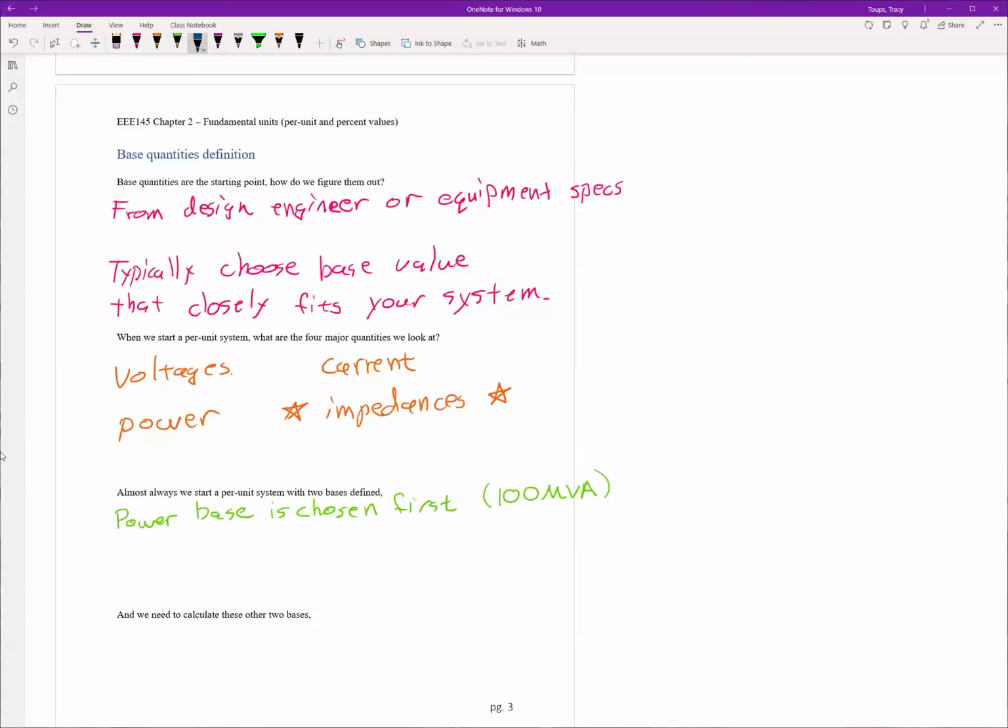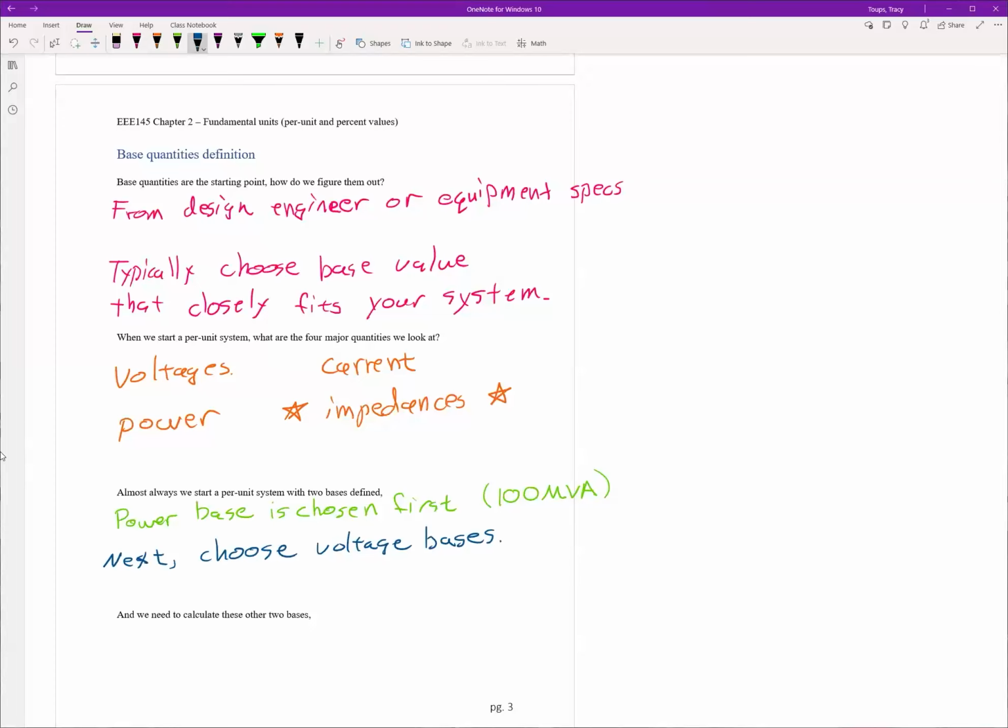Okay. Next, after a power base is chosen, we choose voltage bases. Okay. Again, remember, bases are the starting numbers we're gonna base our percentage off of.